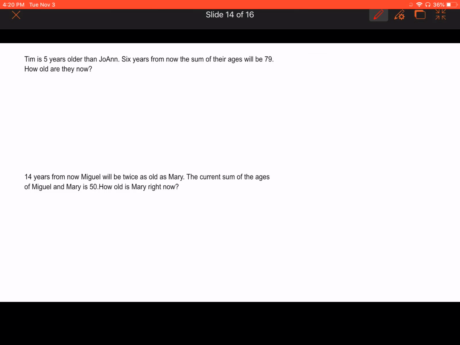Tim is 5 years older than John. 6 years from now, the sum of their ages will be 79. So the model is the same, but the trick is here: 6 years from now. First we will represent Tim's age. Tim is 5 years older than John, so 5 plus John. 6 years from now, how will you write it? T plus 6, this is the age of Tim, and 6 years after, John's age, and the sum is going to be 79.